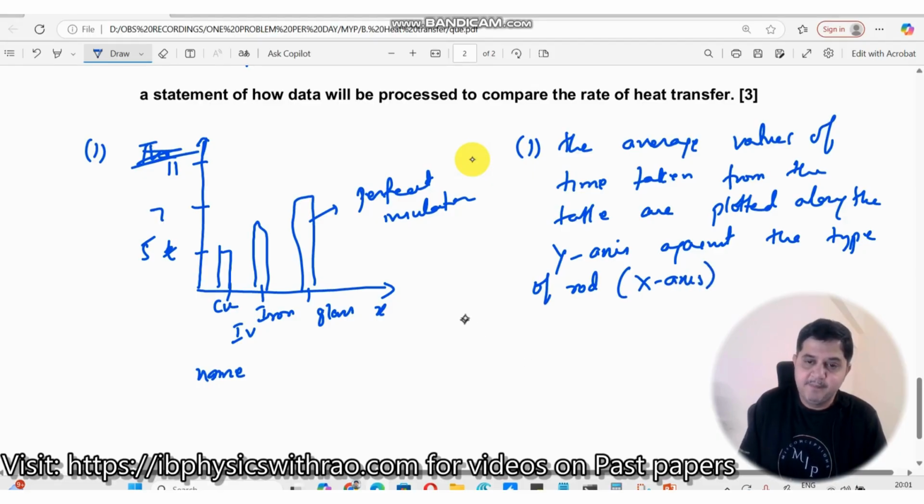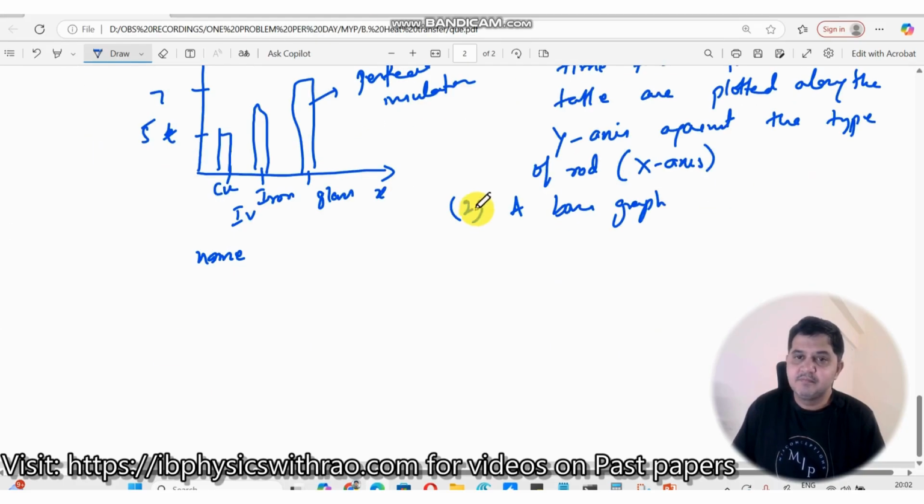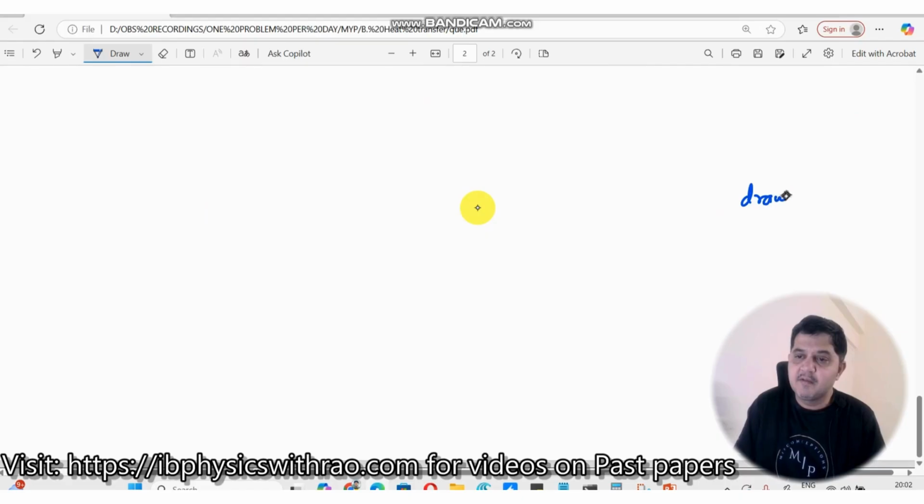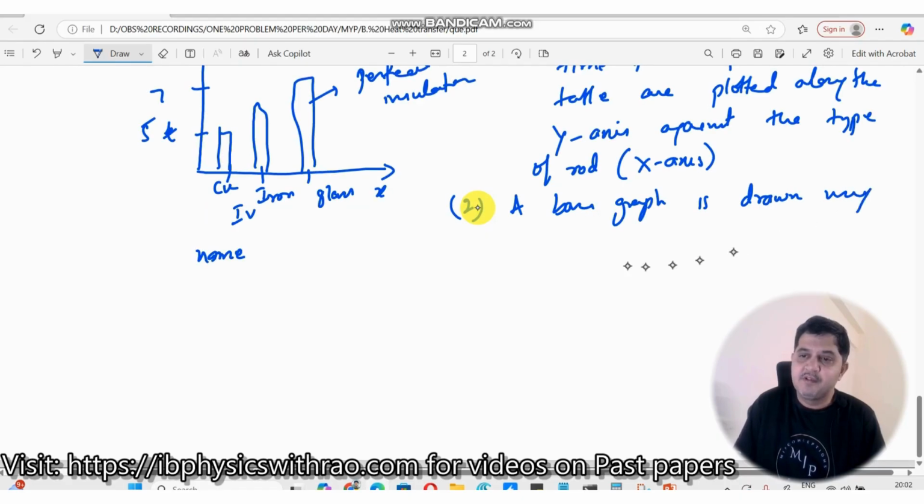First point. Secondly, a bar graph is drawn using this data. That's what you need to interpret.